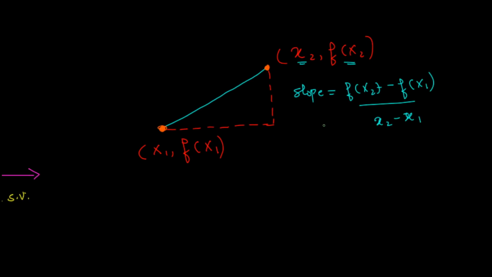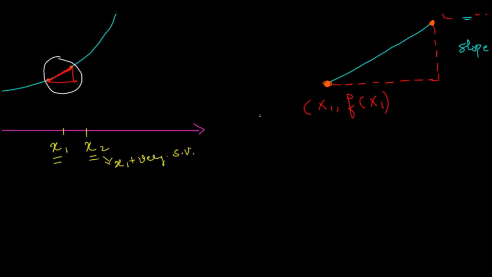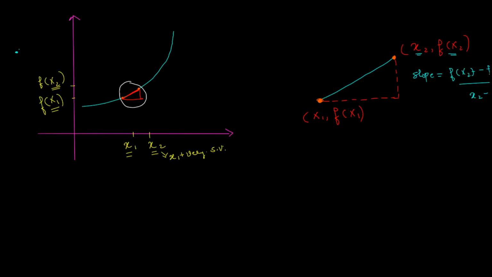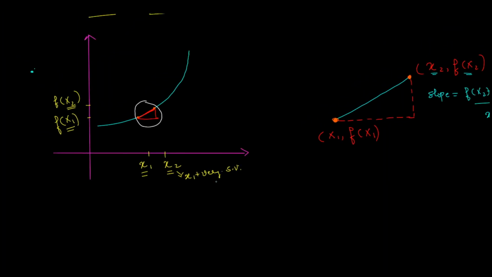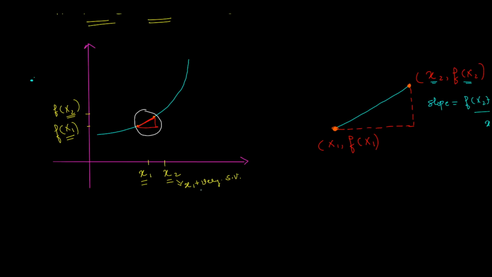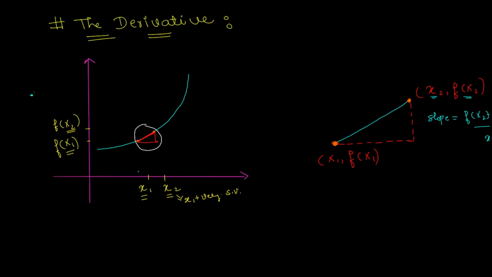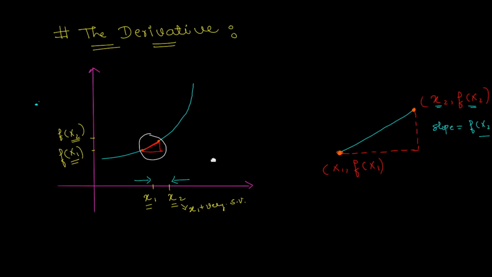Right. And I want to talk a little more about this very small value of x. We call this distance between x1 and x2 so very small. I've been talking about this very small value that you'll be adding to x and then calling it x2, right?